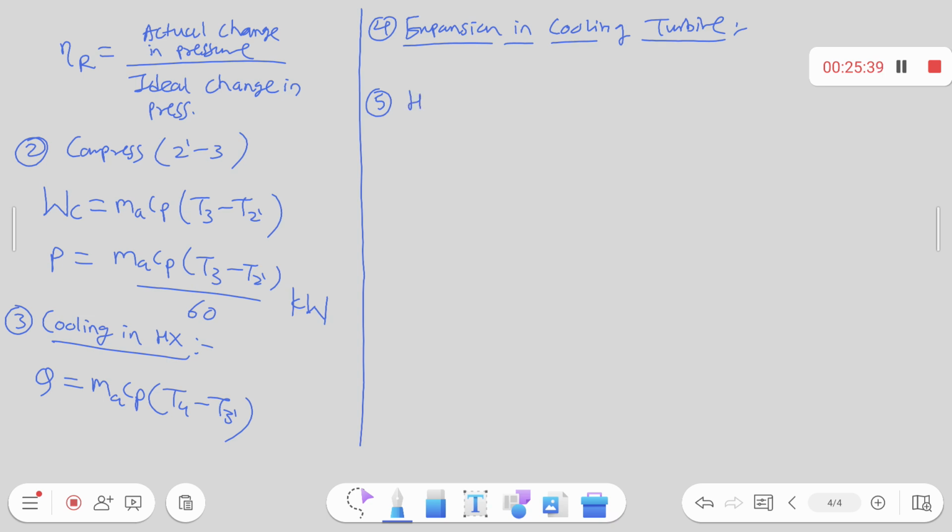Heat absorption in cabin, or it is also called the refrigeration process, right?